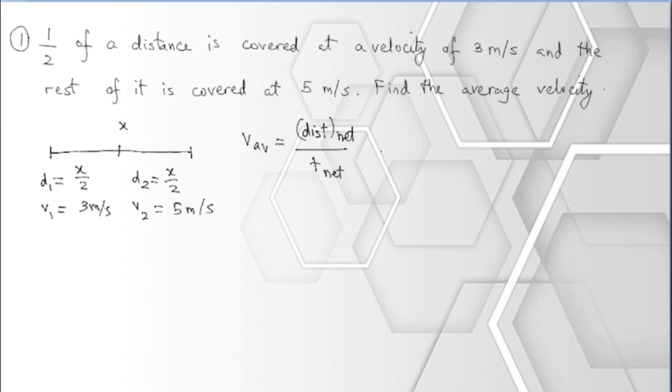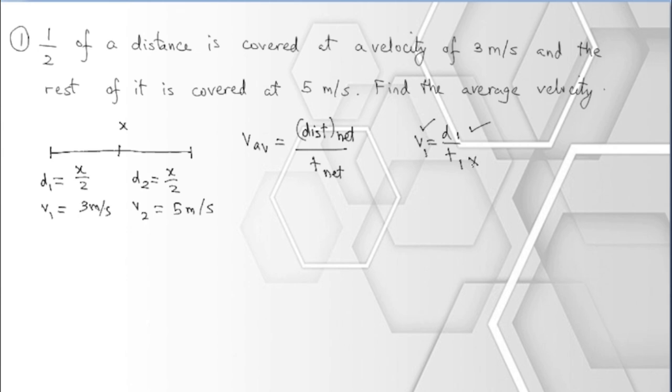In any case, velocity is distance by time, or we can say v1 equals d1 by t1. But in this case, the distance and velocity are given, and t1 is not provided.